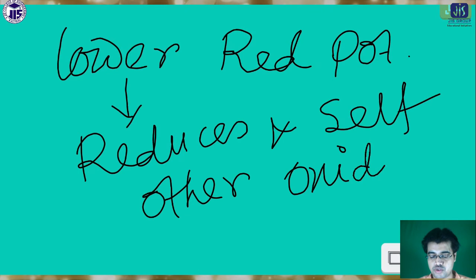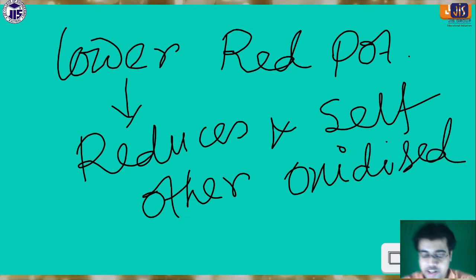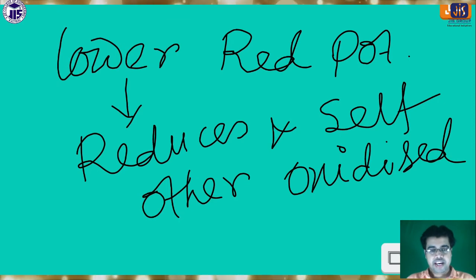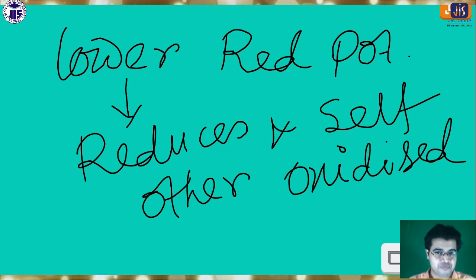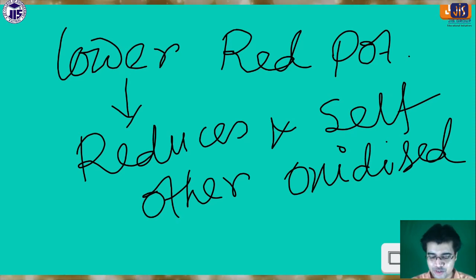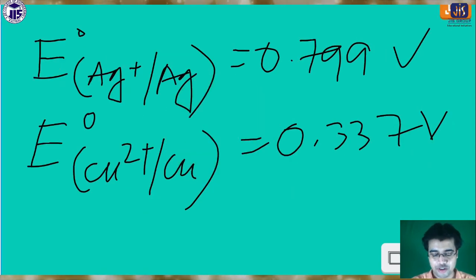I will explain self-oxidized also. What is the meaning? In between these two metals, whose values are given in the question, the one which has the lower reduction potential reduces the other. So first of all, you have to check whether it is a reduction potential or not.